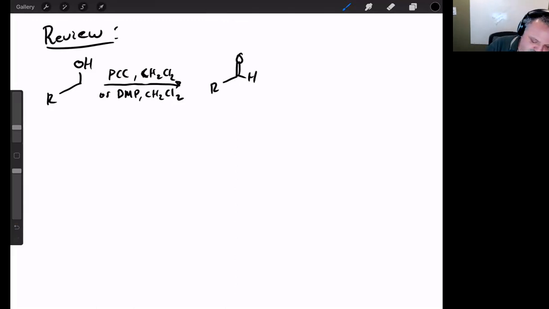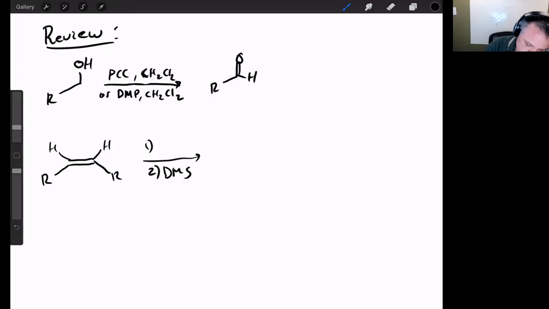How else can I form an aldehyde? This one might take you way back to old school. What if I do ozonolysis? I'll get two aldehydes in this case. Now I'm going to be able to use this same reaction to get ketones, and I'll show you that again in a second.